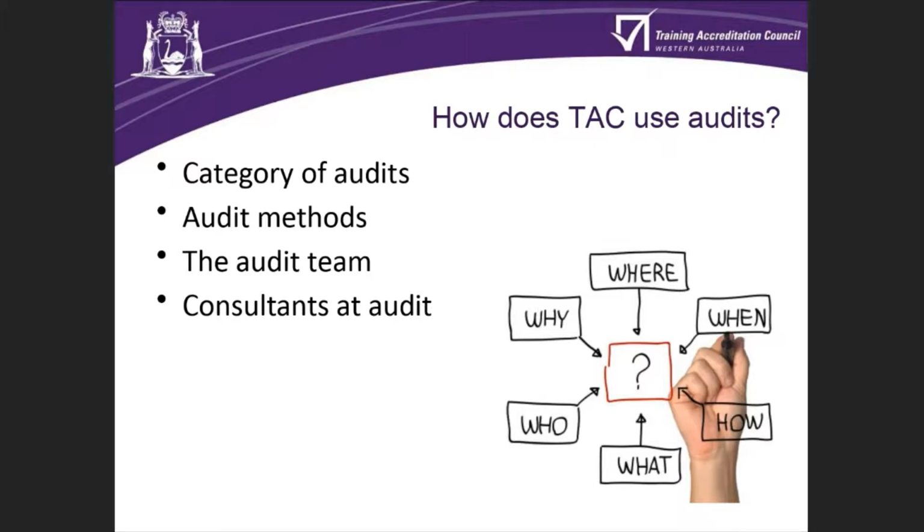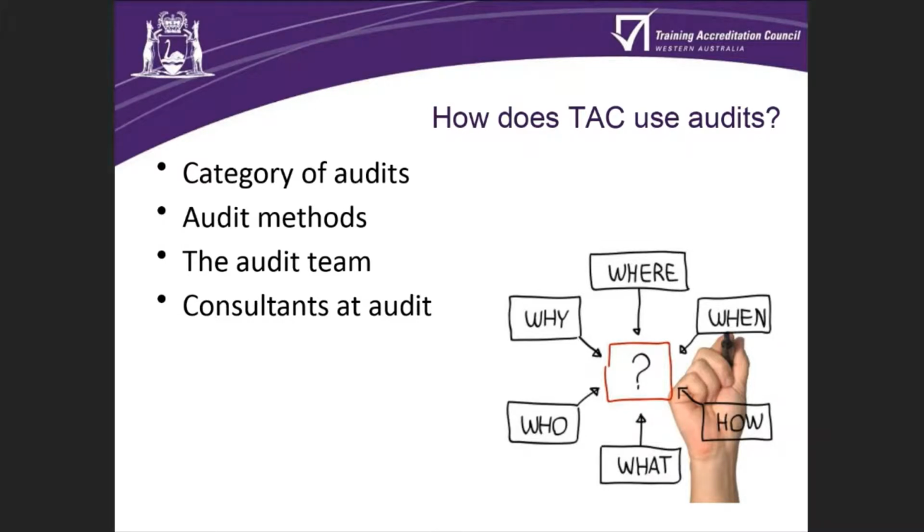So having decided that there's going to be an audit, there are 2 methods of audit. I've already referred to some of those in passing. You've got the desk audit, which is conducted by the auditor all on their own in their office, looking at documentation to support, say, an application for a change of scope.